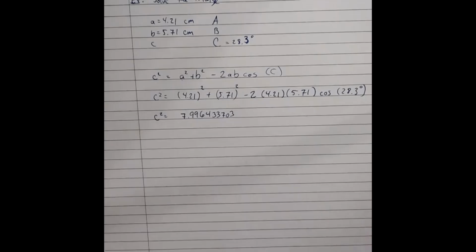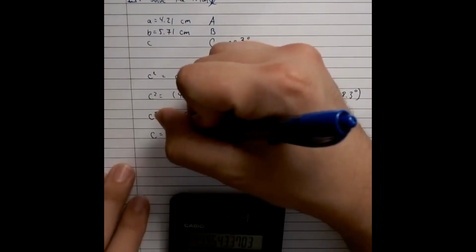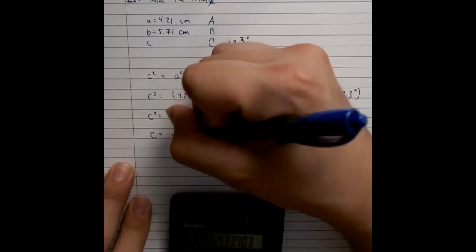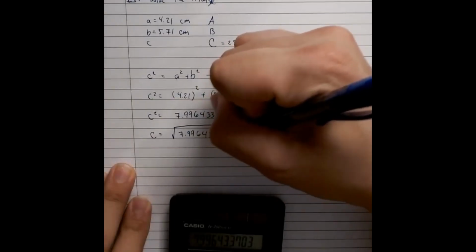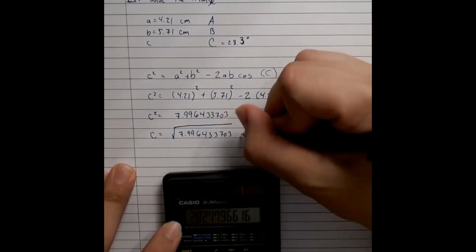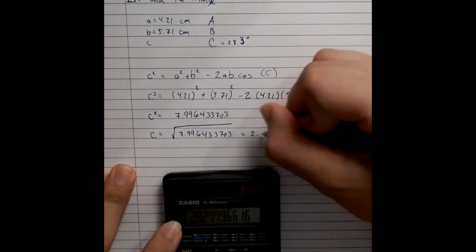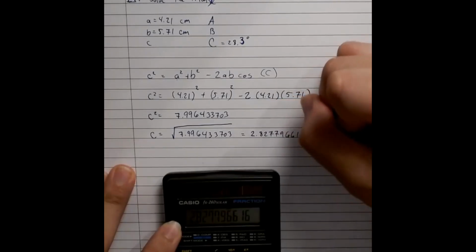I'm just looking for C. So now I can take the square root of both sides and see what we get. And so here we get that C is equal to the square root of that number. We are going to round, but not until the very end. You never round until the last step here. So the square root is equal to 2.8277966616.